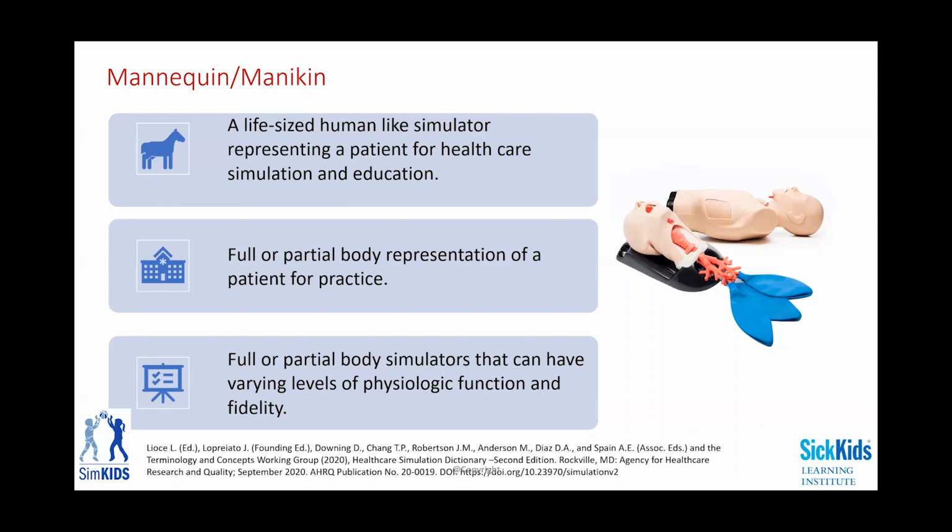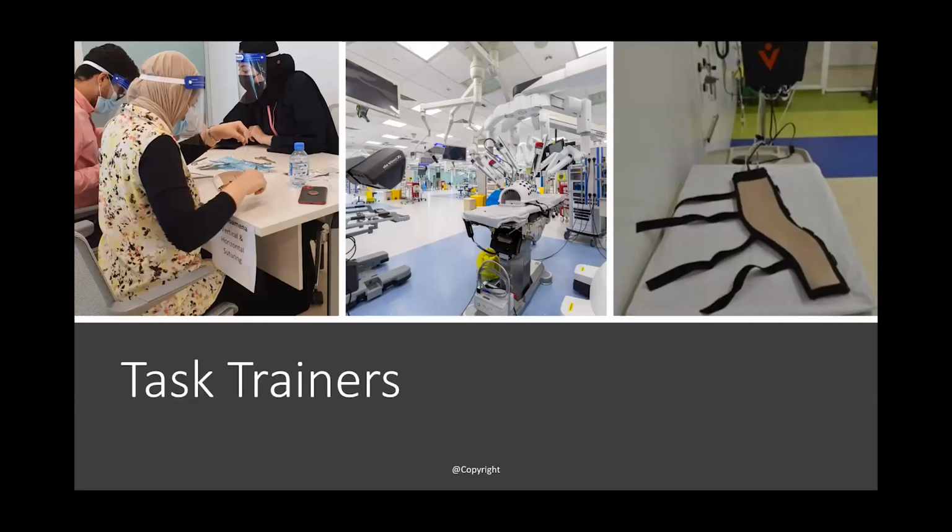It can be a full or partial body representation of a patient for practice. For example, for airway practice, you do not need a full mannequin. A mannequin like this, which is called an airway task trainer, is enough. It doesn't need to make sounds or talk to you. It can be a very simple human-like simulator which represents a human body.